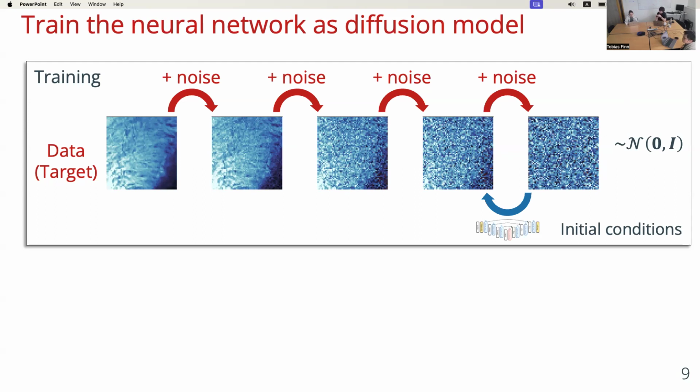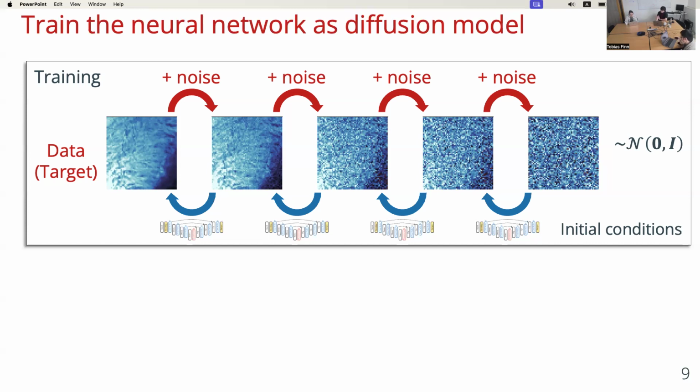And instead of training the neural network for just one noise amplitude, we train the neural network for all noise amplitudes. And then we can train the neural network by using a mean squared error loss between the added noise and what the neural network thinks.